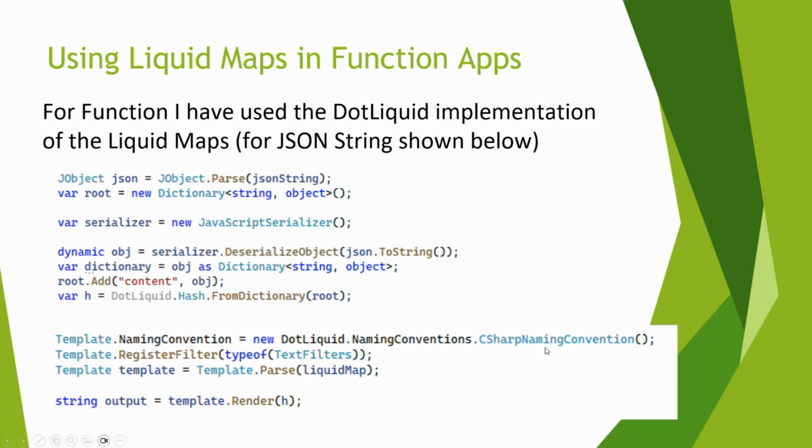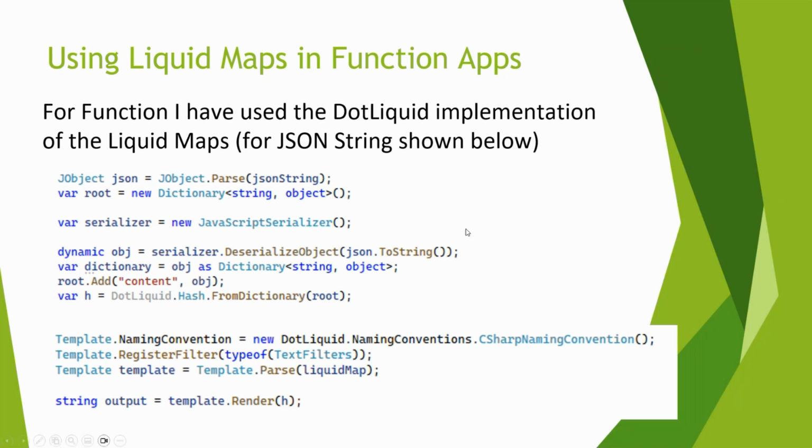And this is where I'm setting my naming convention to be the C# naming convention. And that's pretty much it, other than loading the liquid map, which I'll show you in my code, because I do it a little bit differently since I want to do some dev test type work with it. But basically that's all the code we would really need to put into our function app to be able to do mapping from whatever we have to whatever we want.